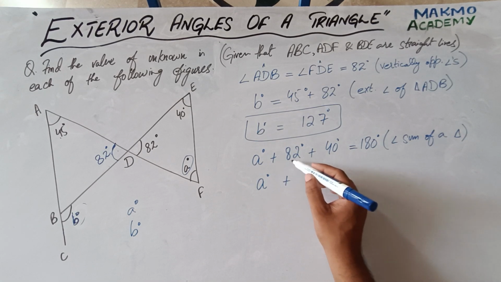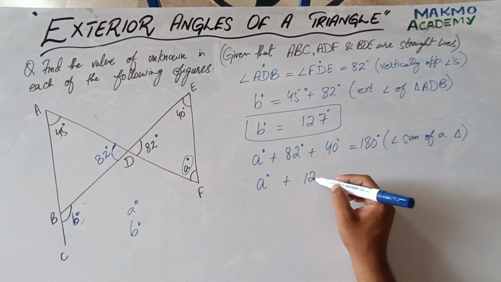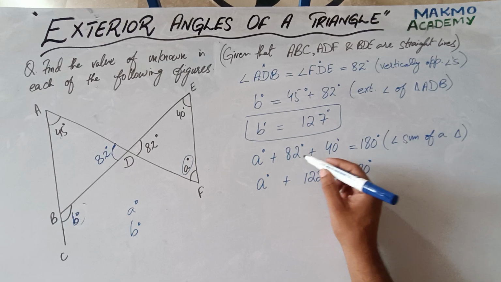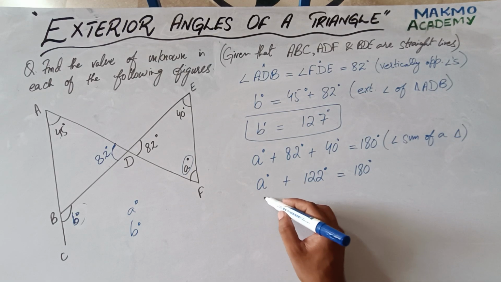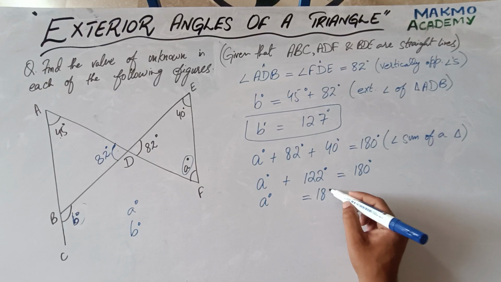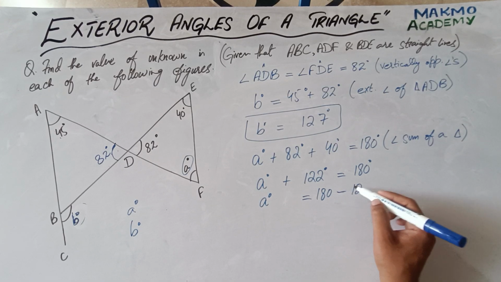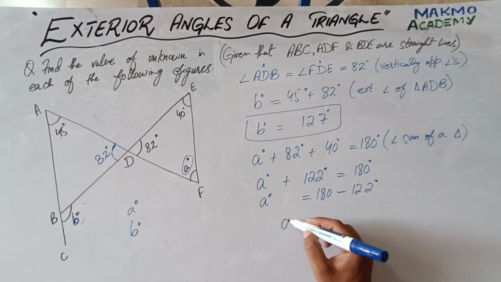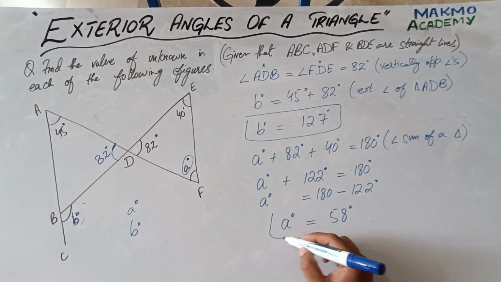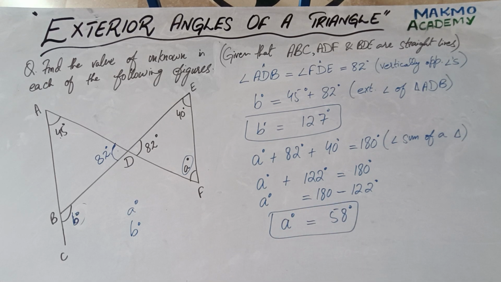So this would give us 122 degrees is equal to 180 degrees. Then we will subtract it. It will go over there and this will give us 180 minus 122 degrees. So A is equal to 58 degrees. So this is how we can find out the size of an unknown angle in a figure.